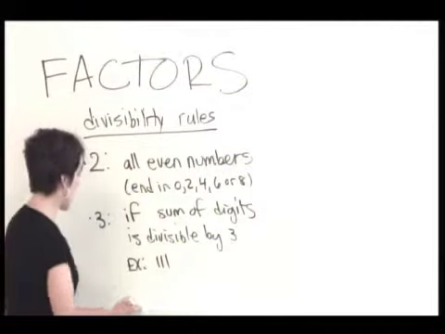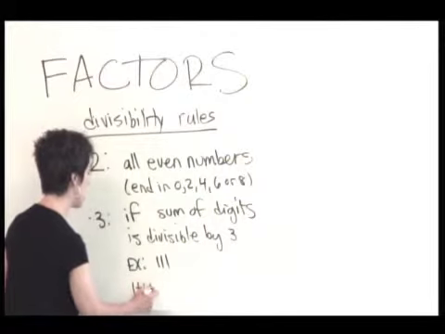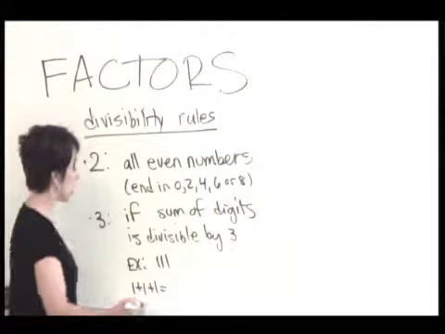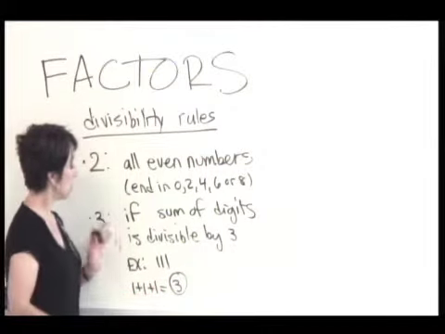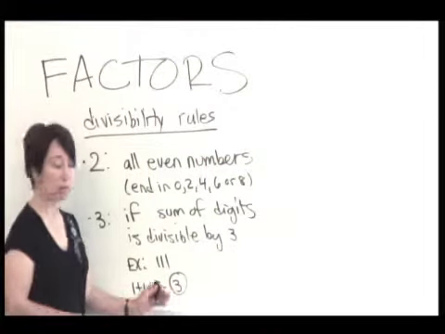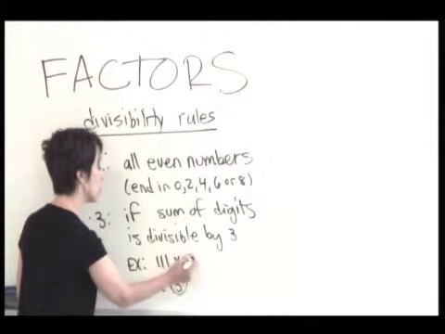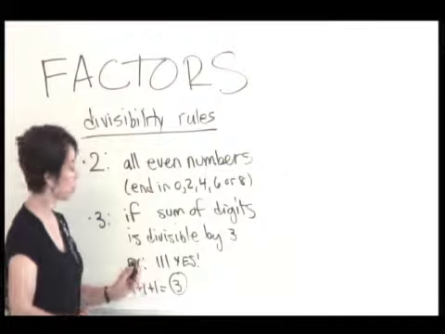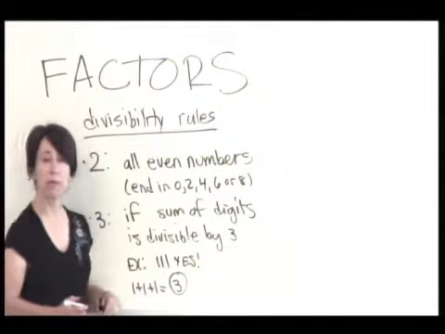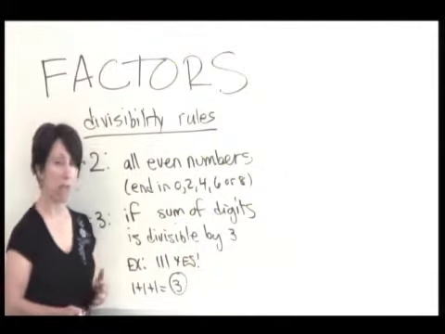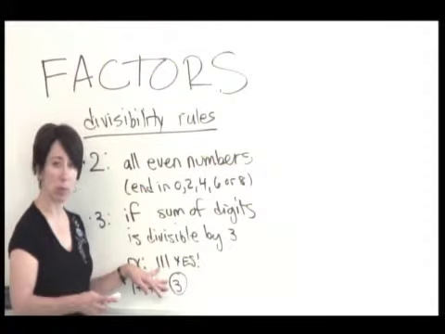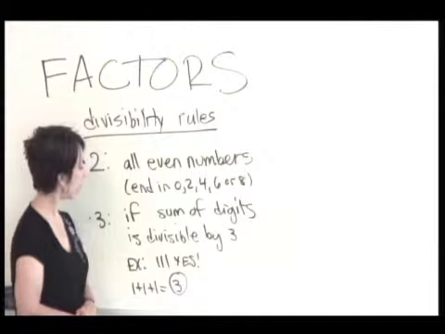Well, the way that we figure that out is we add the digits that are in this number. 1 plus 1 plus 1 is 3. 3 goes into 3 evenly, so yes, this number would be divisible by 3. So if you're trying to figure out factors, and prime factorization, which we'll get into, this is a quick and easy way to determine if a number is divisible by 3.